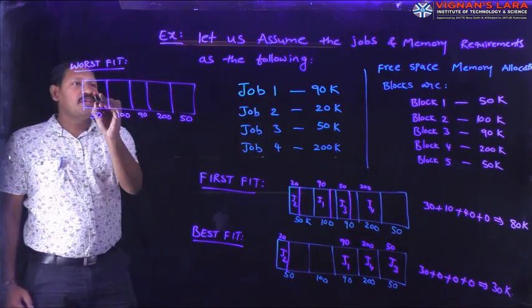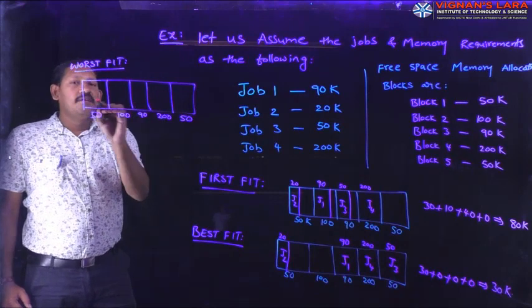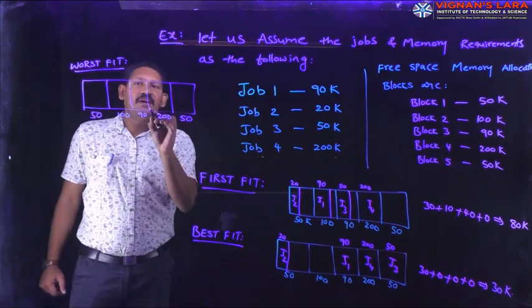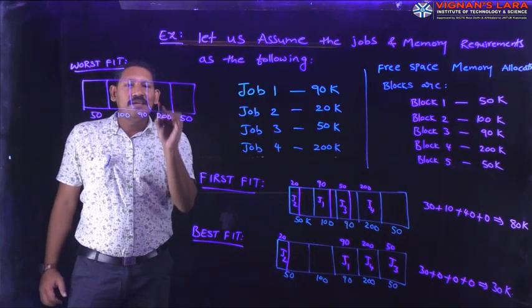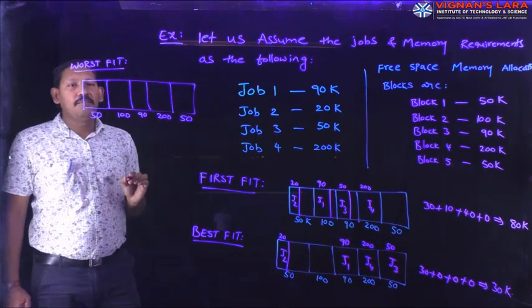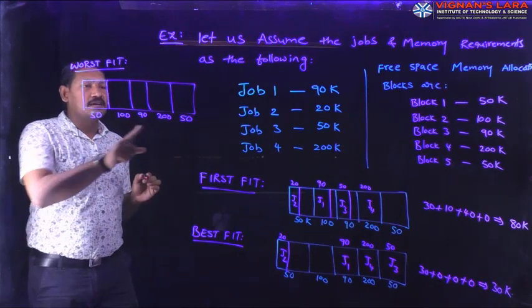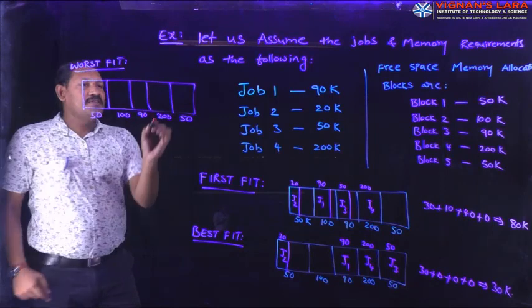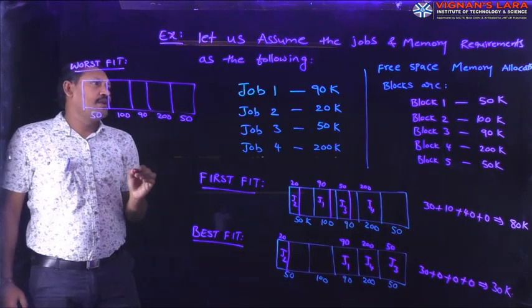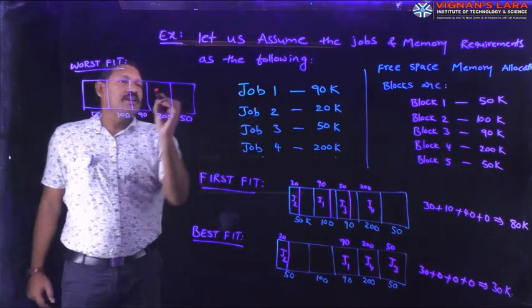So out of the available blocks, we will identify the highest memory available block. So the highest memory available block is block 4. It is 200. So we will fit this job 1 here.